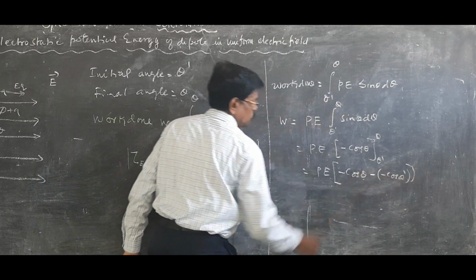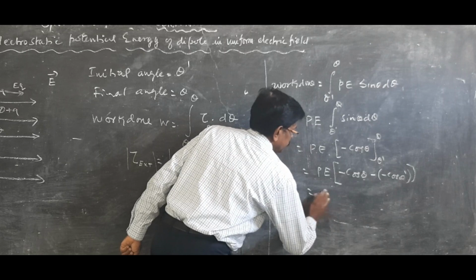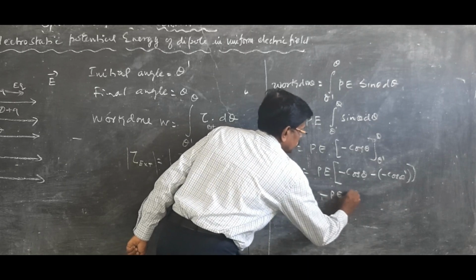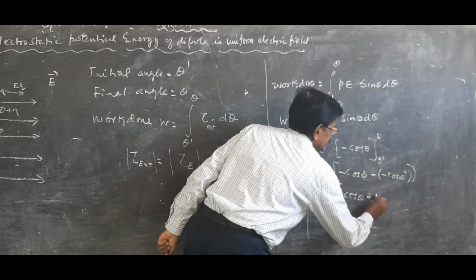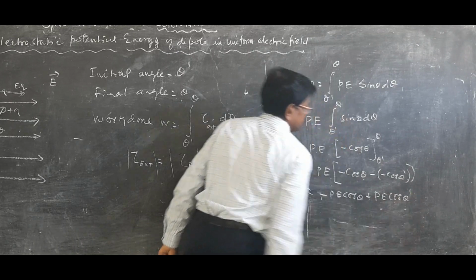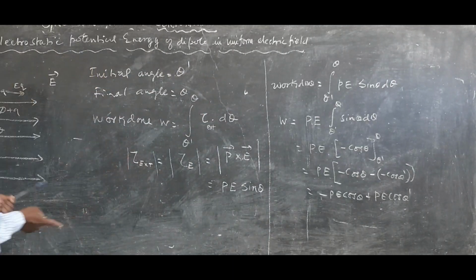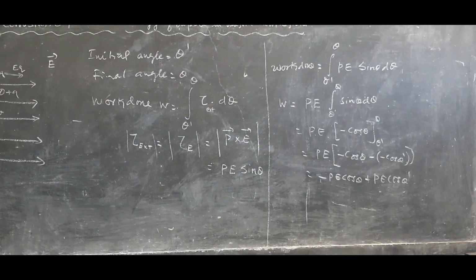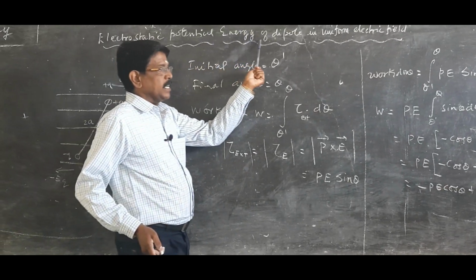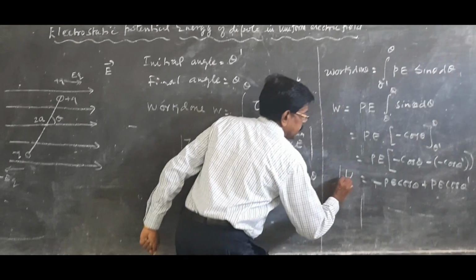Upper limit minus lower limit. Now, it is minus PE cos theta plus PE cos theta dash. So this is the formula for work done. This work done against the electric field is nothing but the electrostatic potential energy of the dipole, which is denoted by the letter, say U.